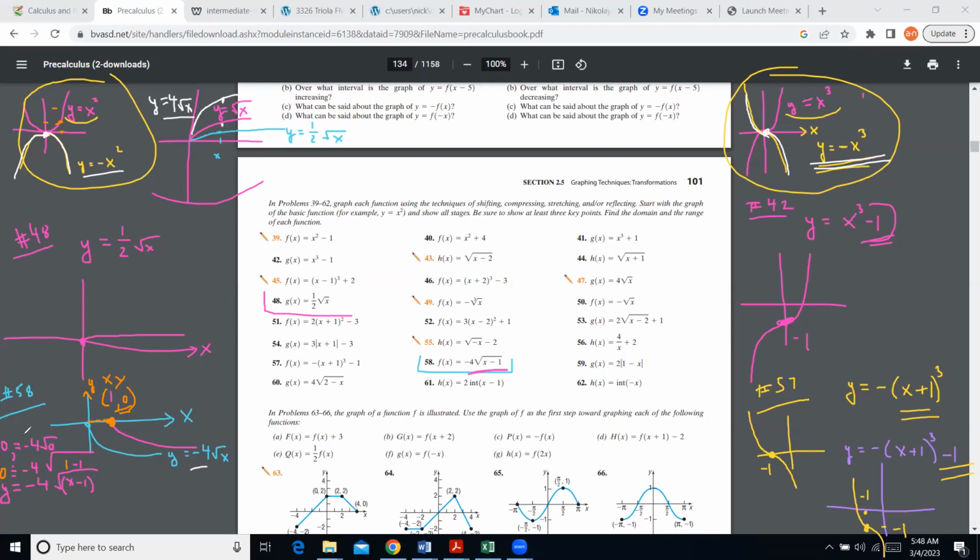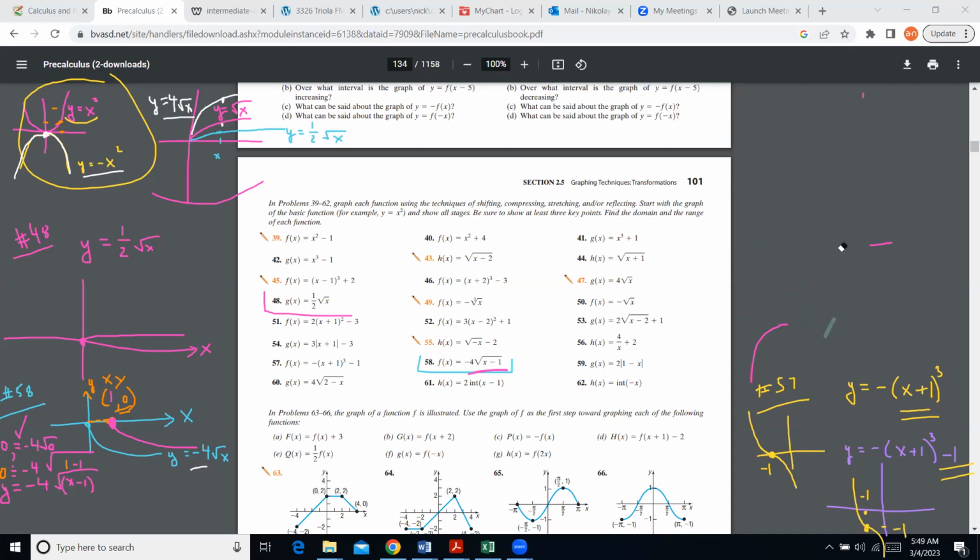And the answer is yes, it checks, because the square root of 0 is 0, times -4 is still 0. So I just double checked and saw that the point with coordinates 1 and 0 actually works for this particular equation. So that's our way to double check. Whenever you doubt, you can always see if the answer works.